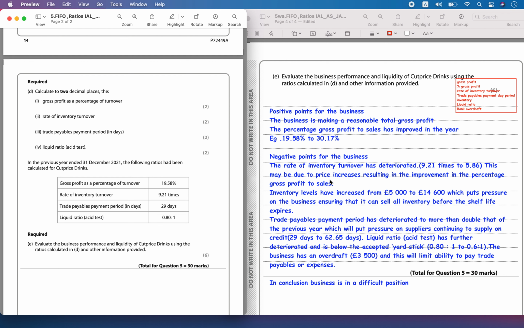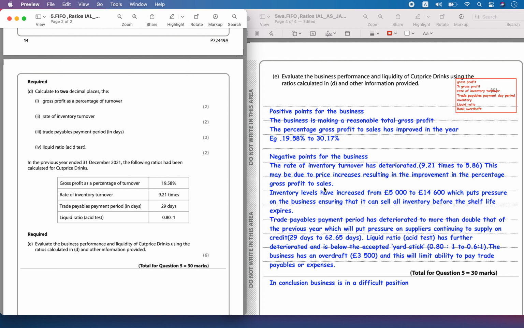Okay, so this may be due to a selling price increase resulting in improvement in the percentage of gross profit to sales. That's why gross profit to sales has improved, but the rate of inventory turnover has fallen, from 9.2 to 5.86.